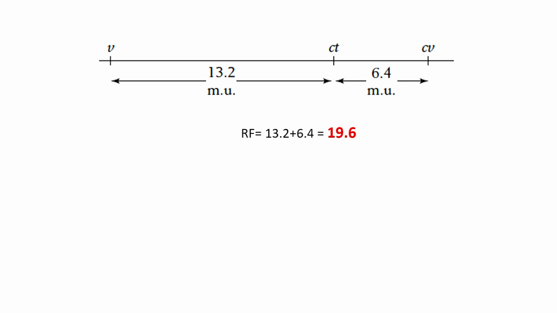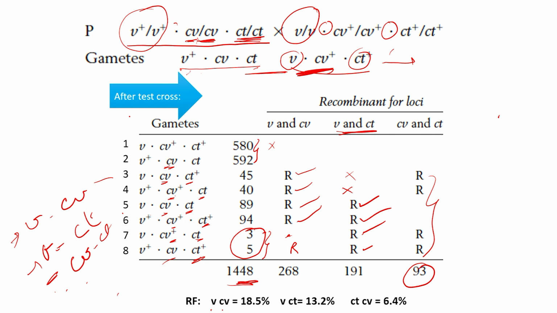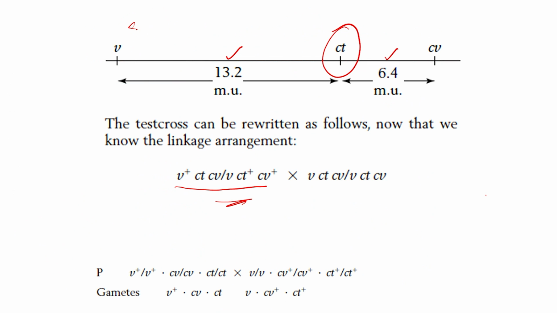So, now another important point, if you see that you find this 13.2 and 6.4, and you also found that V CV has a distance of 18.5, means this distance is 18.5, right.